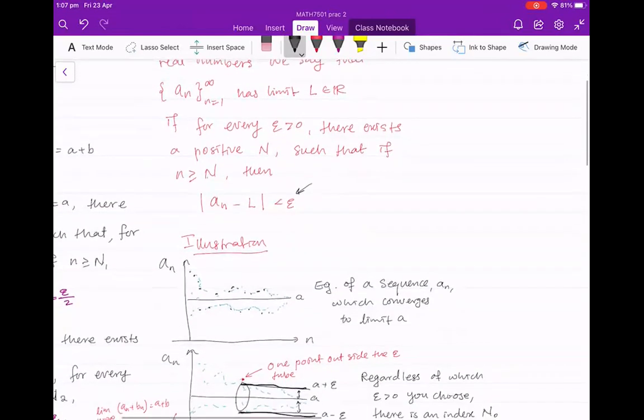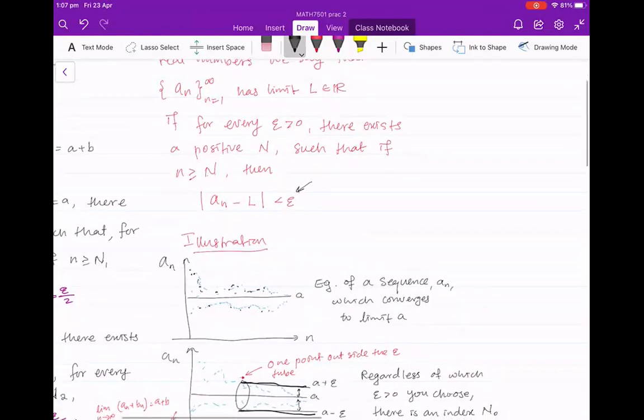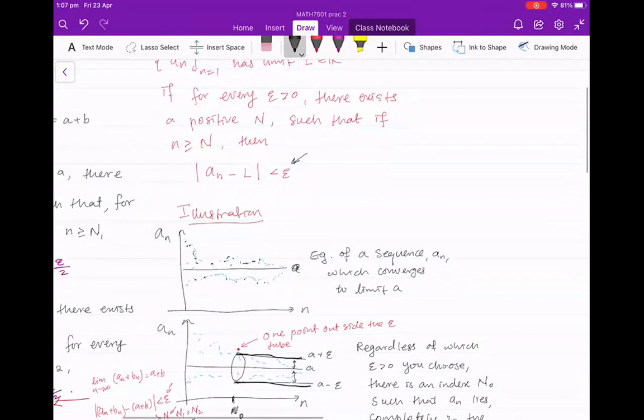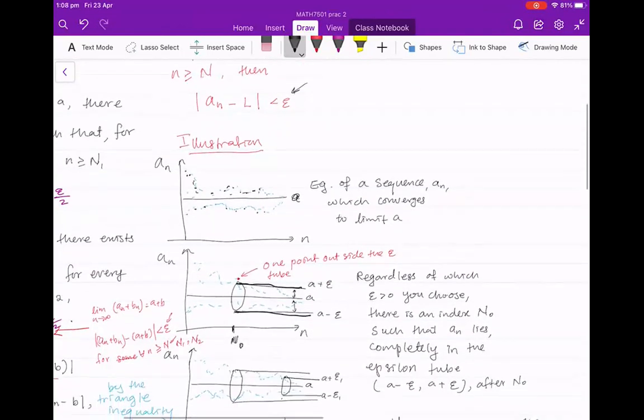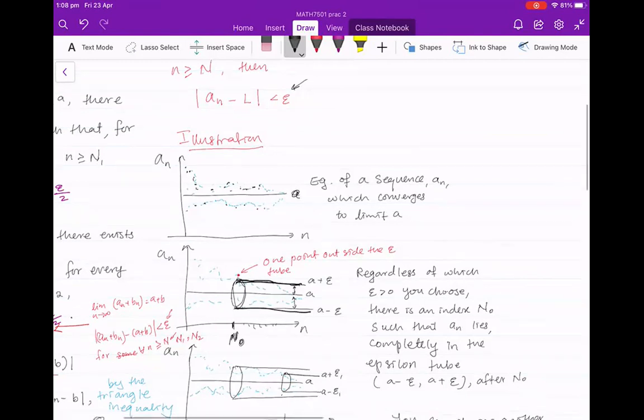But in an illustration, let's say these are the sequence points, and A is the limit of this sequence. What it says is, if you give me an epsilon, I can choose an N, let's say that's N0, where after that N0, the sequence of points are bounded within this epsilon tube. That's the intuitive illustration of that definition.